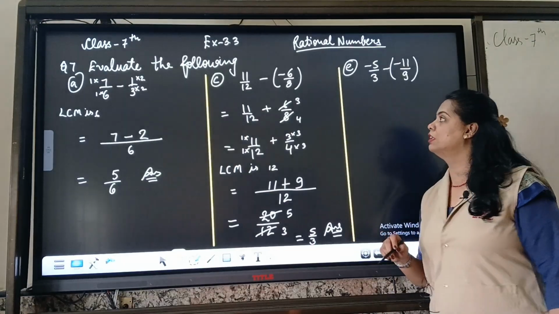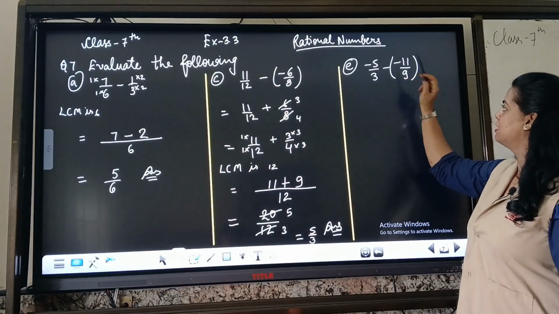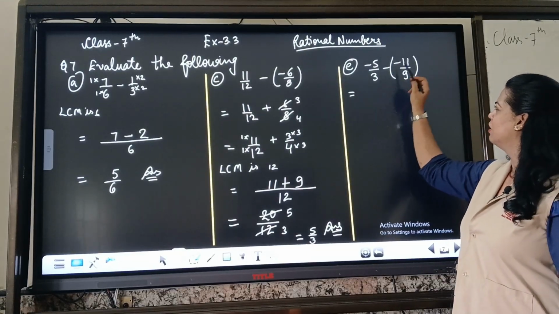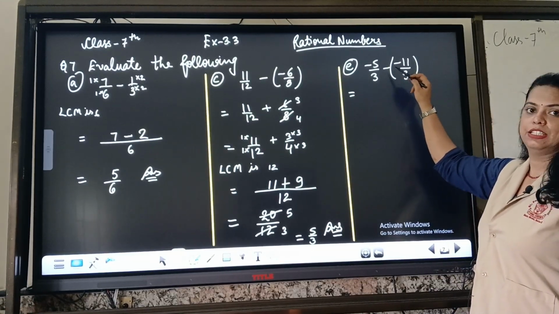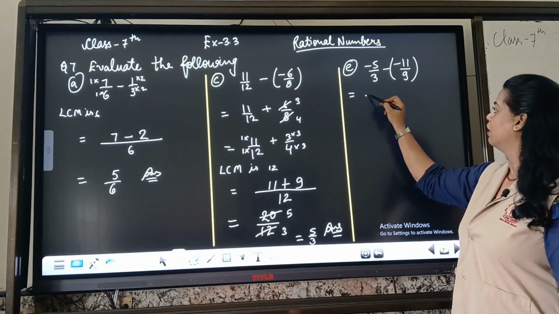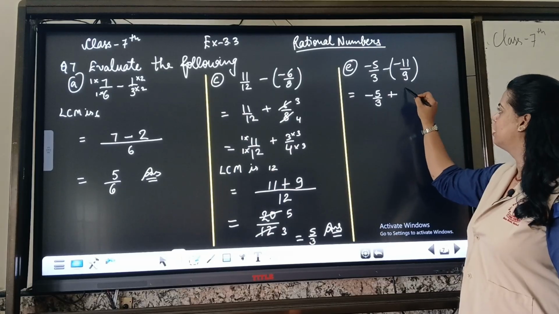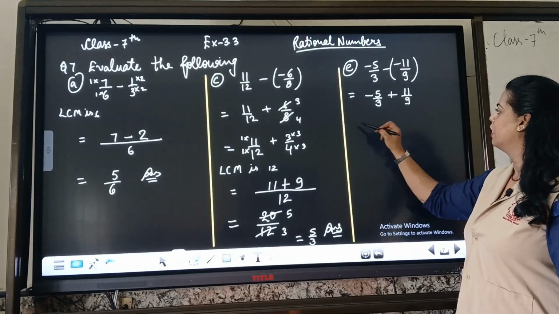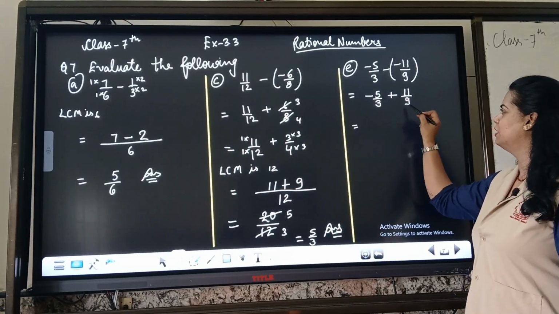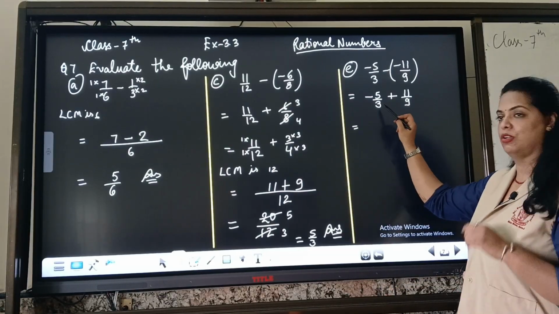Now we are on the E part of the same question. Here there are 3 minus signs. So the number having two signs will operate together. We will not change this sign. 5 upon 3 will remain as it is, minus minus becomes plus 11 upon 9. Here both numbers are available in the table of 3, and the table of 3 is available also.